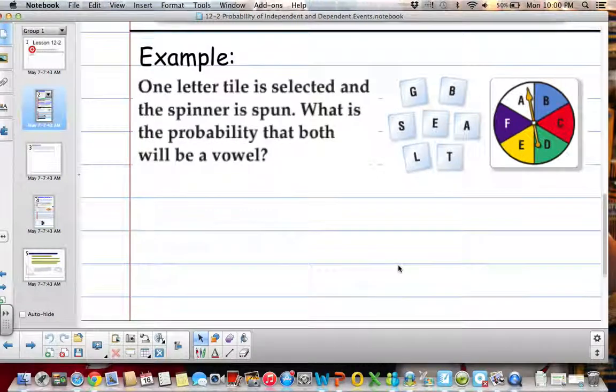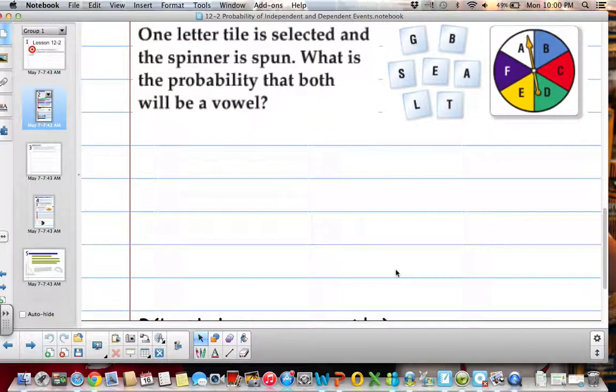So the probability that both will be a vowel. Well, the probability of selecting a vowel from our letter tiles is 2/7 because there's 7 letter tiles and there's 2 vowels.